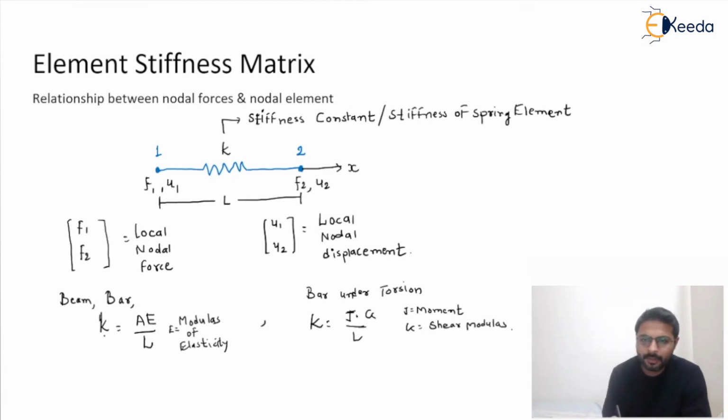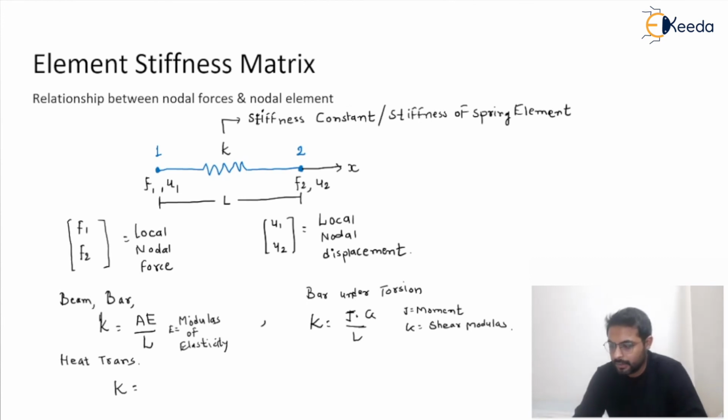Now considering a different problem, the heat transfer problem: small k equals, instead of AE, A into Km divided by L, where Km is the heat conductivity.